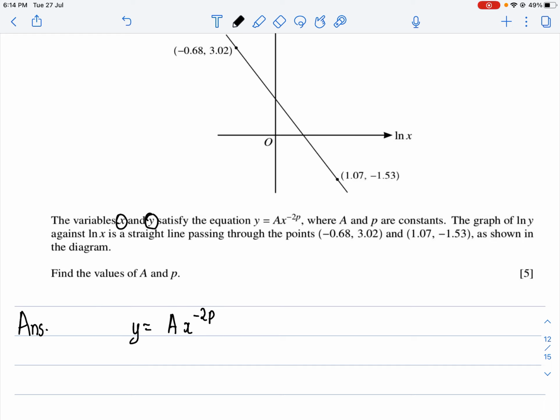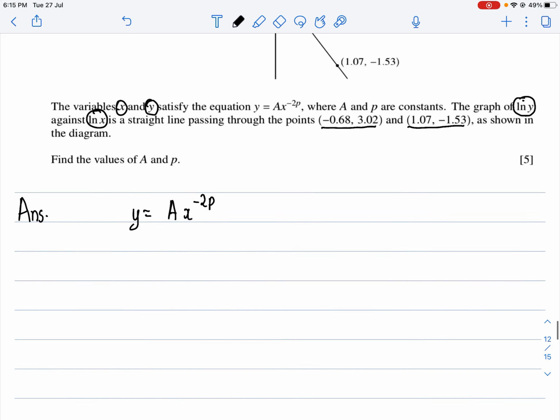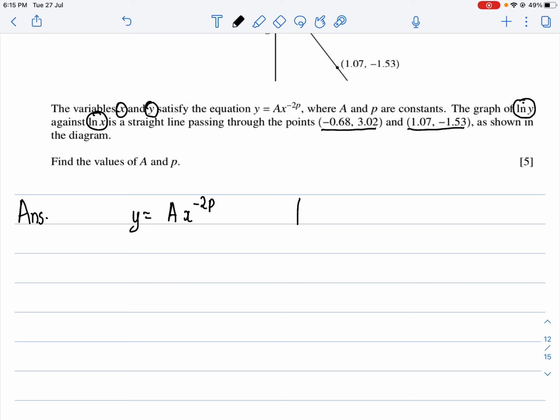The graph of ln y against ln x, the most important thing being the axes here, is a straight line passing through the points. They have given two coordinates here as shown in the diagram, and we need to find the values of a and p. So here I basically have minus 0.68 comma 3.02, and I have 1.07 comma minus 1.53.